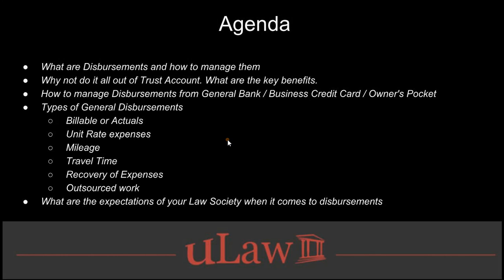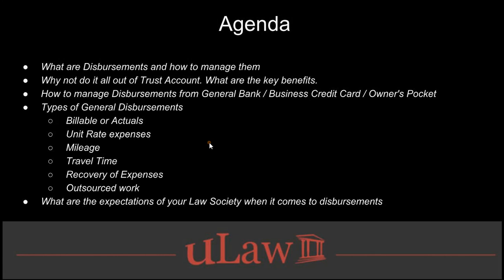You can then make an informed decision whether it makes sense to do disbursements out of your trust account or not. We'll then talk about general disbursements and how you would manage expenses coming out of your general account, whether it's your general bank, your business credit card, or the owner's pocket. Then we'll talk about the different types of disbursements between the general and trust account, and the types that are more natural to each.